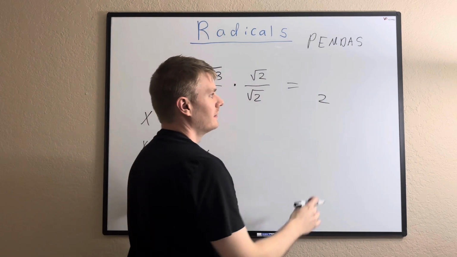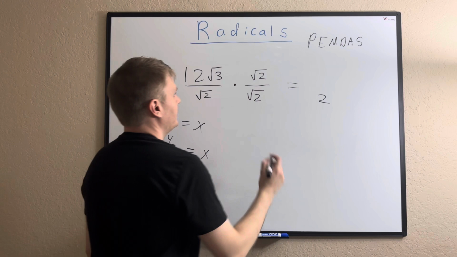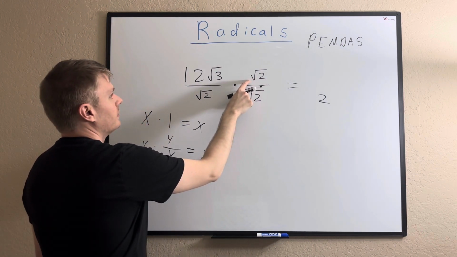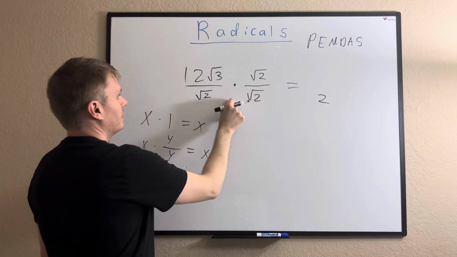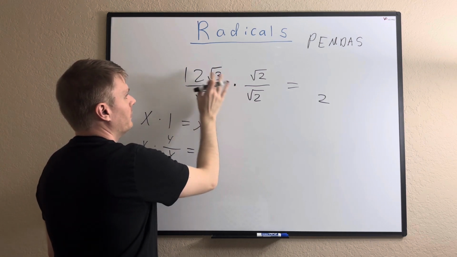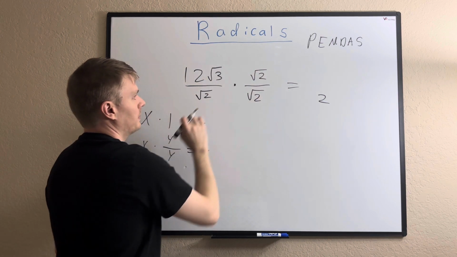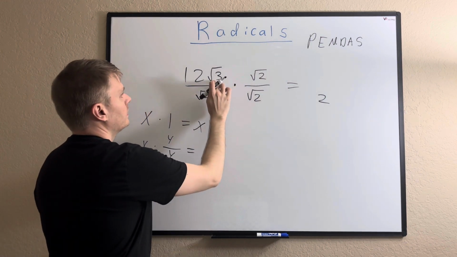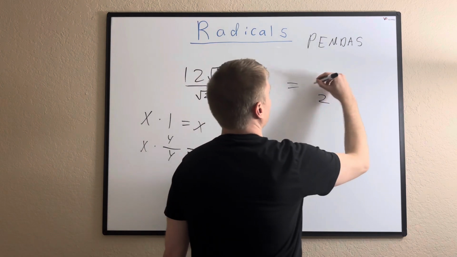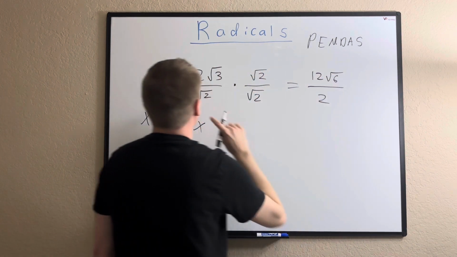Radical 4 is 2. What? That was easy. But we have to make sure that the number remains the same. So we multiply the numerator by that same number as well. So radical 3 times radical 2 is radical 6, and we just keep that 12 up there.